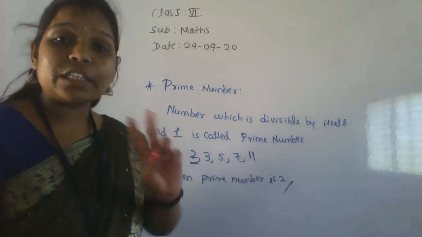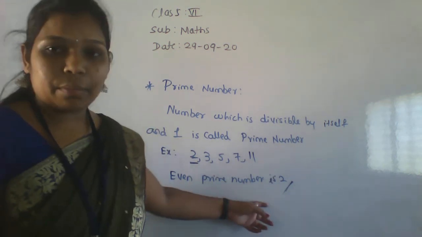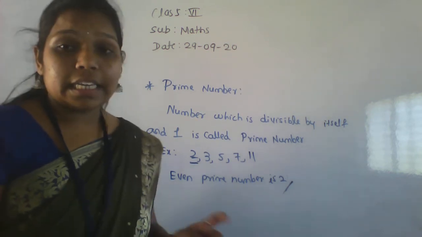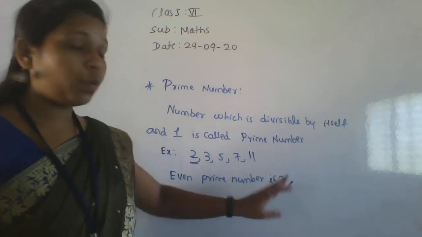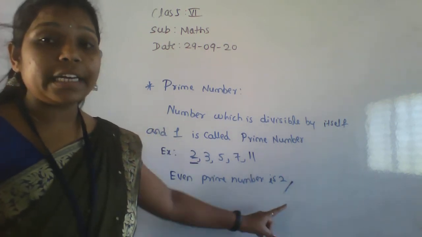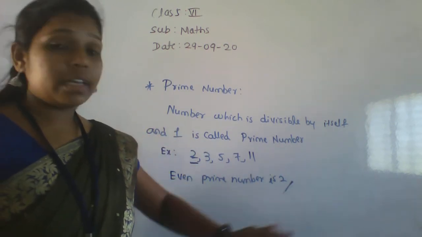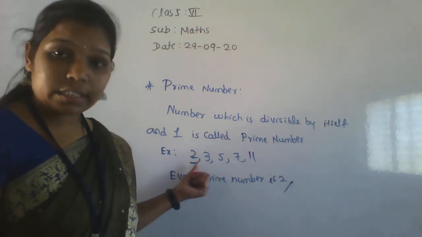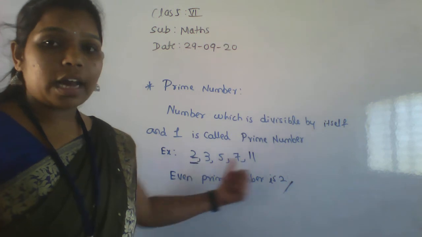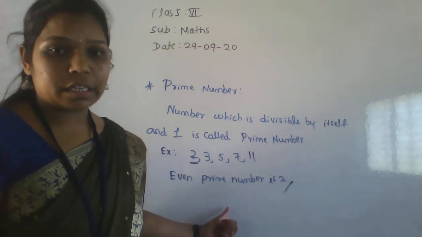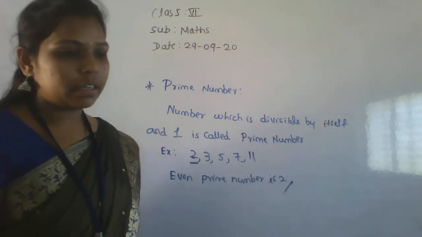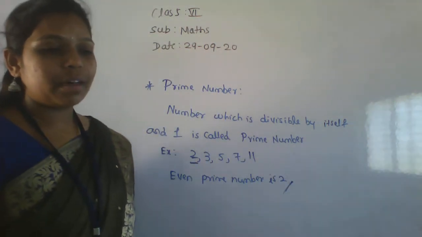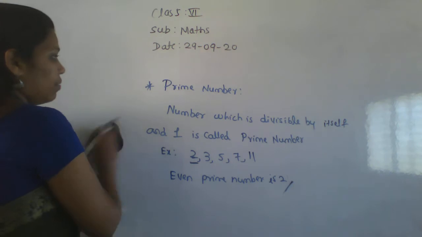Only 2 is the even prime number, and all the remaining are odd prime numbers here. Getting it? Okay. So the fourth main is: which of the following numbers are prime numbers? You have to decide here.